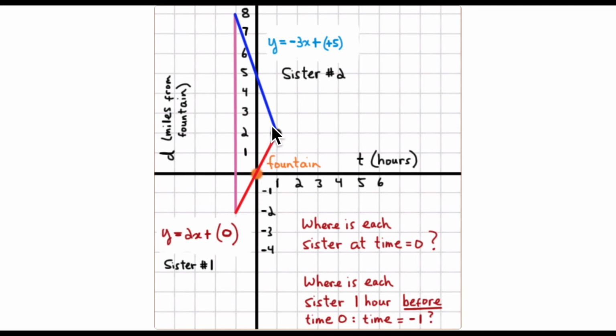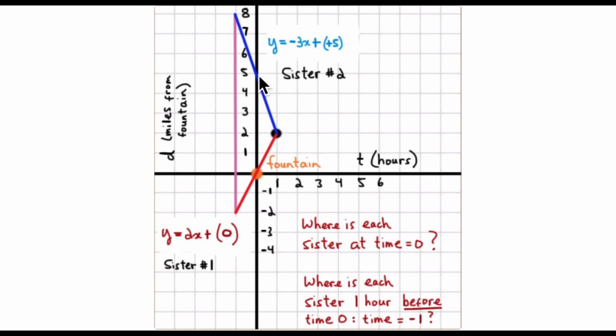Sister number 2 is going to go back 3 miles. She is traveling at 3 miles each hour, but toward the south, so you're going to go back 3 miles north. So you go back 1 hour and 3 miles north. She was 5 miles away from the fountain, and an hour before that time, she's going to be 8 miles away from the fountain. Now you know the equation for each.